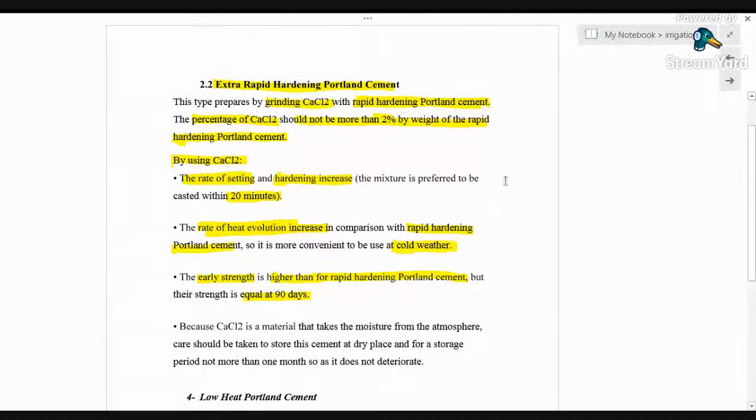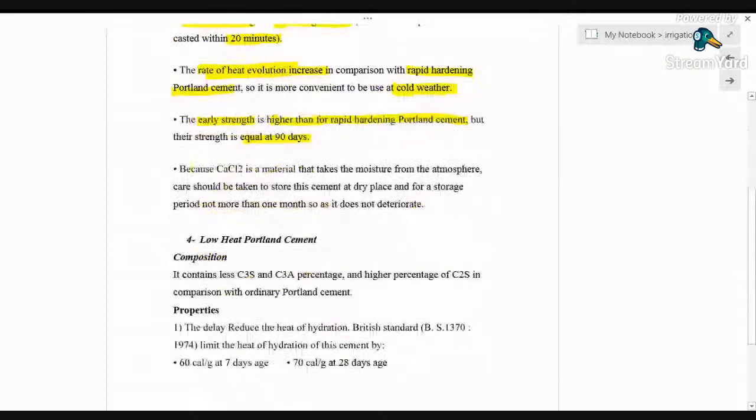Because calcium chloride is a material that takes moisture from the atmosphere, care should be taken to store the cement in a dry place, and the storage period should be not more than 1 month, so that it does not deteriorate. Calcium chloride will extract moisture from the atmosphere, and the cement will react with the moisture, heat of hydration will be produced, and strength gain will occur.